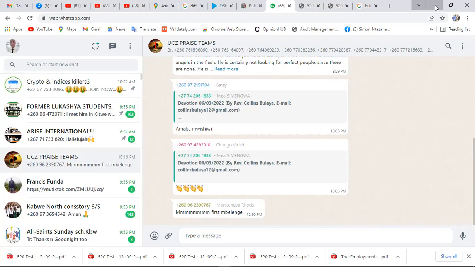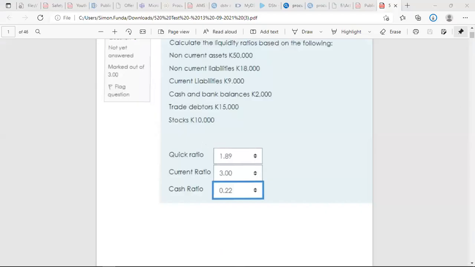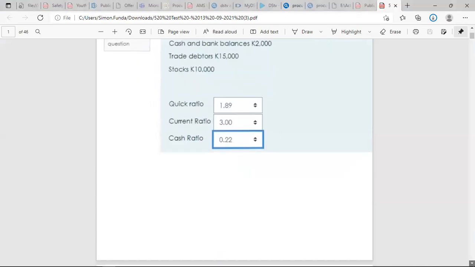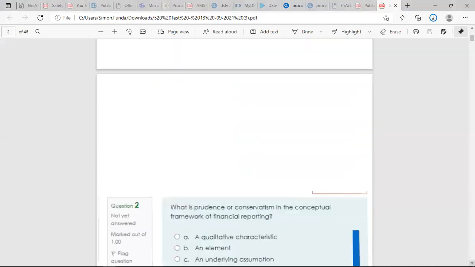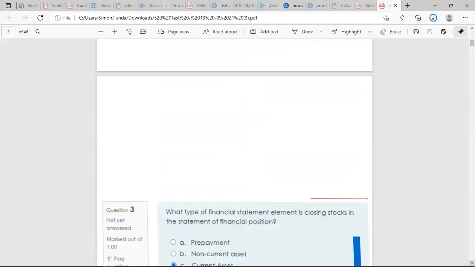Okay, can you use this one? You're able to see this? Yes, I can see it.